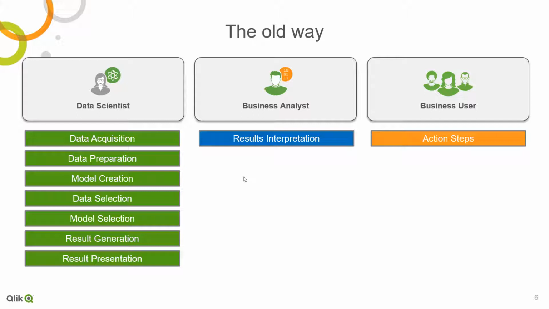These data scientists would typically do, let's say, 90% of this work from data acquisition through data prep, through model creation and testing and selection, all the way through presenting these results. At this point, it was then up to the business analyst to interpret these results and make changes reactively. But they weren't really involved in the entire life cycle beforehand.